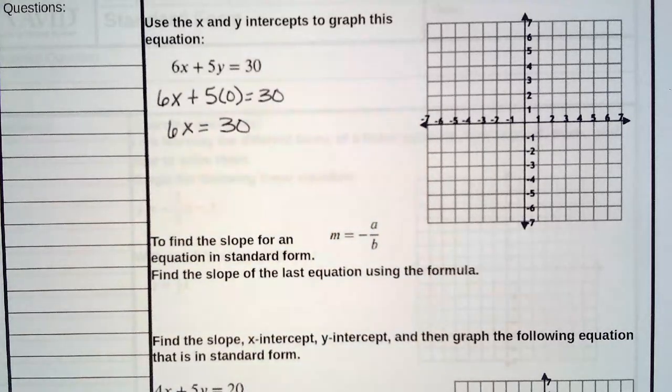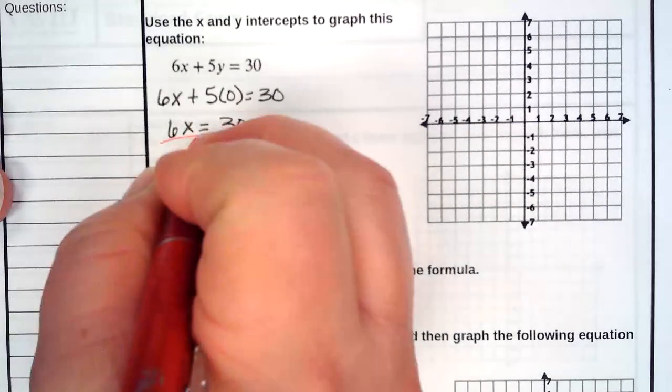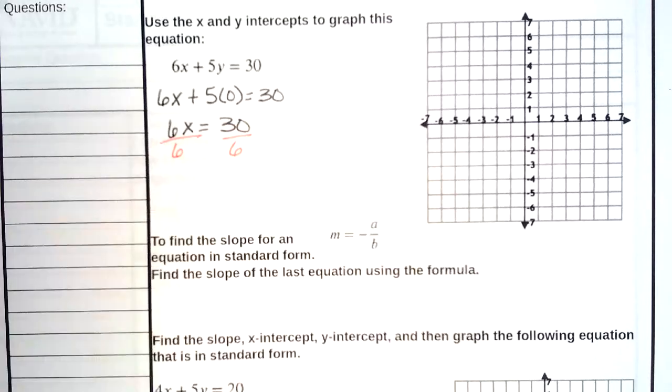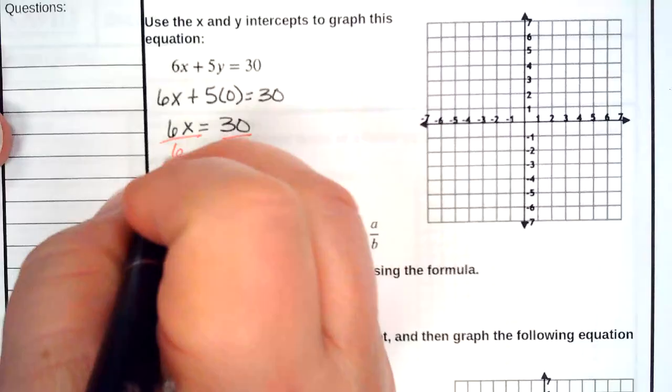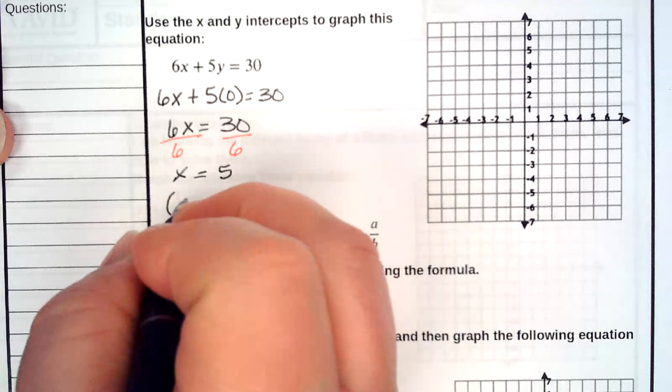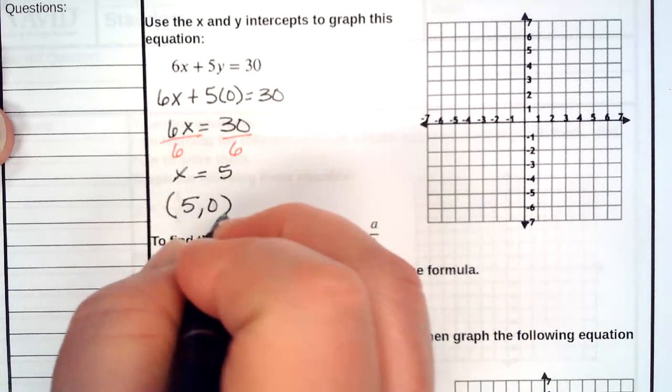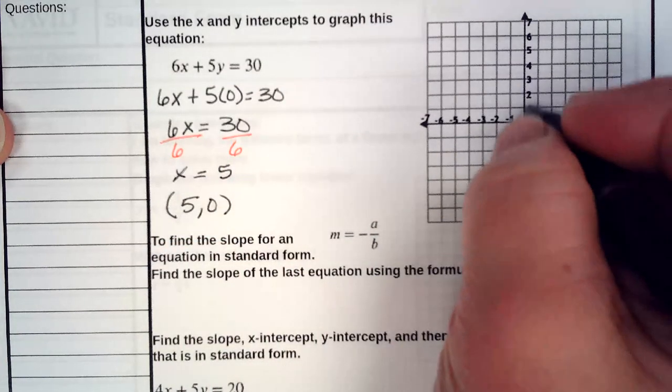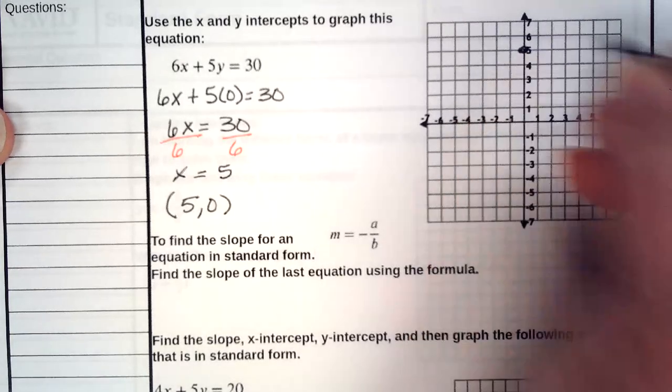Divide both sides by 6, and x is equal to 5. So the first point we have is the point (5, 0). So (5, 0) is right here.